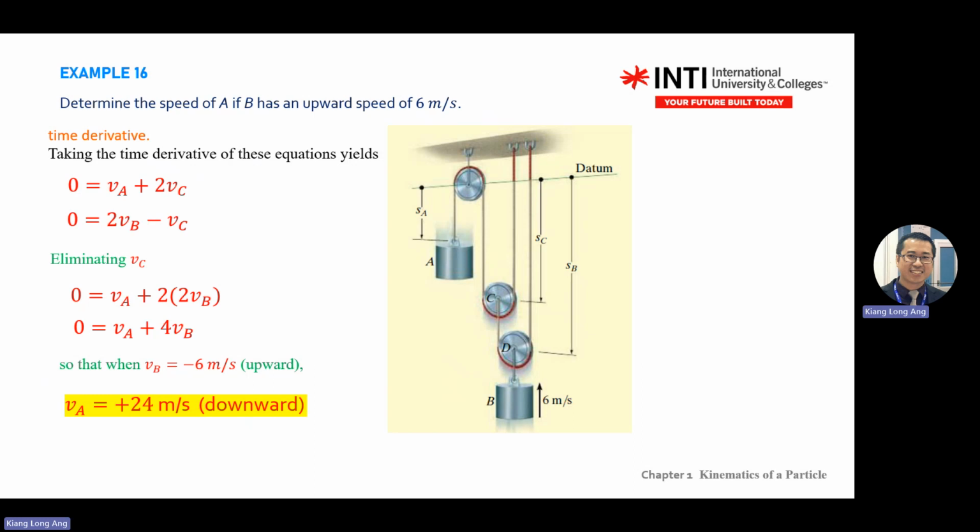So VA is positive. When you get VA positive, again, check the datum. SA positive goes down. Make sense? So when you push VB, B up, A will move down. So you get a positive sign, because the datum is down positive. The tricky part here is to link between two ropes by substitution.